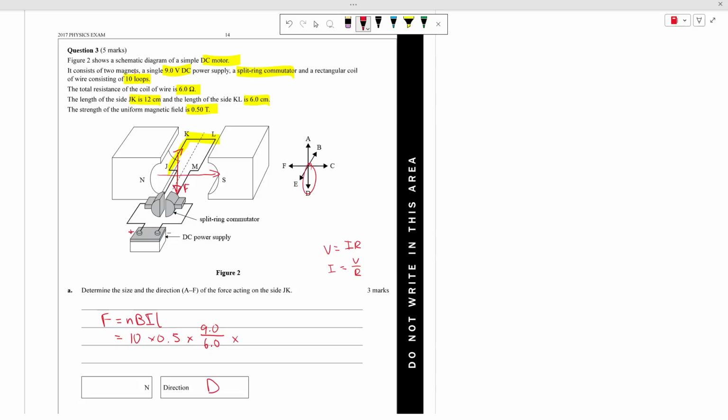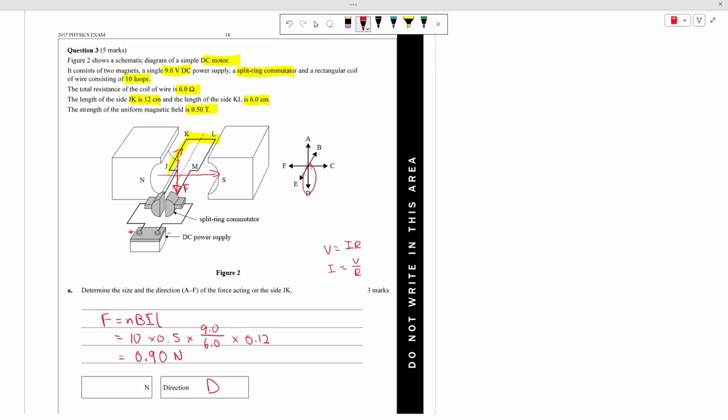And the length of that piece of wire, JK, is 12 centimeters, which is equivalent to 0.12 meters. If we multiply all those things together, we get, and I'm not going to do it because I don't want to waste time calculating, 0.9 newtons.